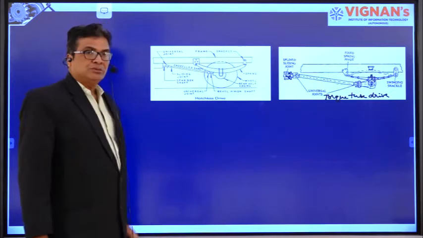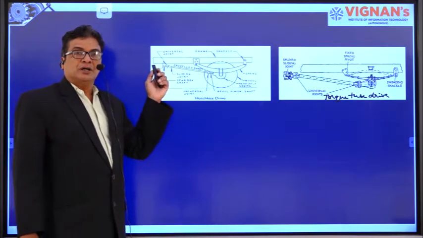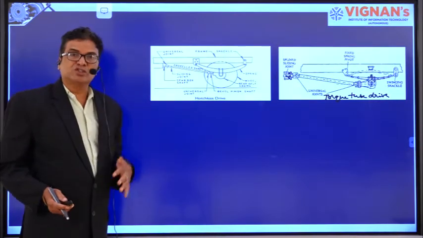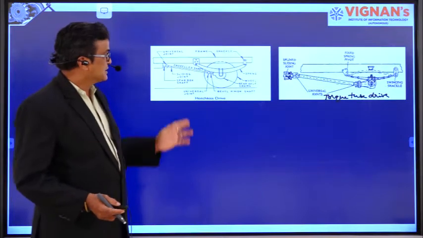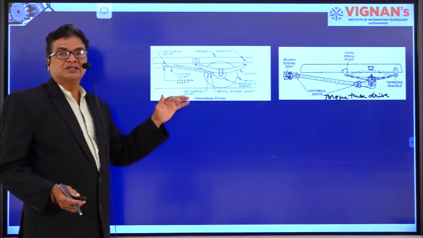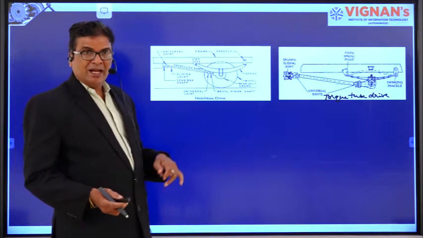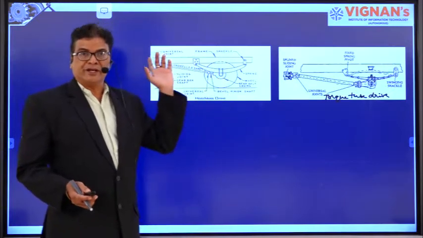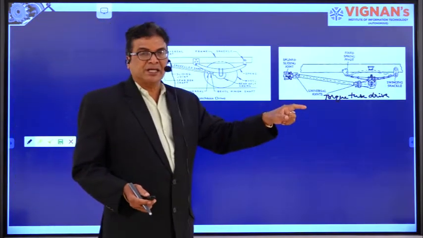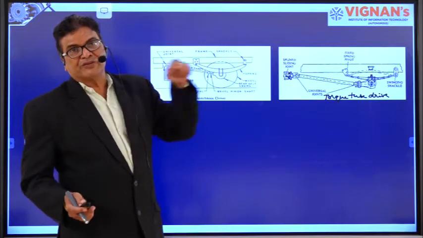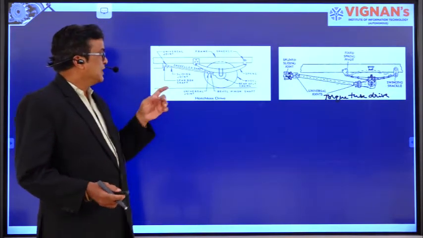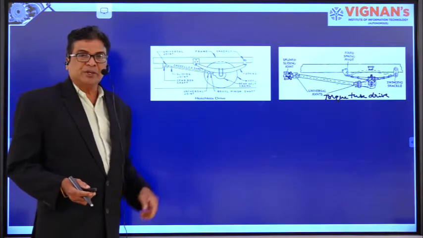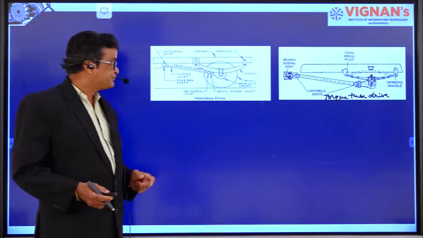In the Hotchkiss drive, we use a hollow propeller shaft. This is also called a tubular propeller shaft. The propeller shaft has universal joints fixed on either side of it, and both the universal joints are fixed, one to the gearbox and on the other side the universal joint is fixed to the differential assembly. The Hotchkiss drive is adapted for Indian vehicles and the torque tube drive is used for foreign vehicles.